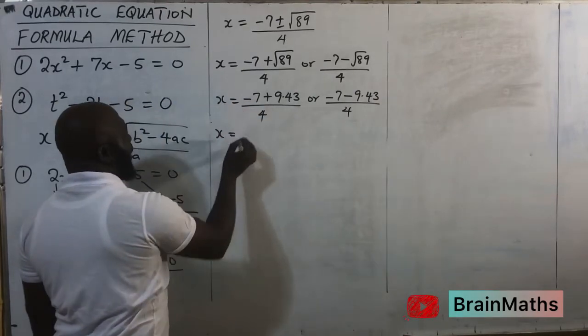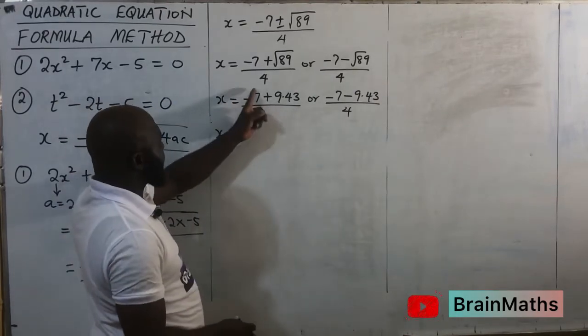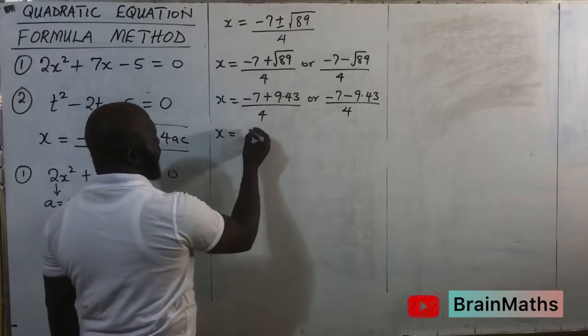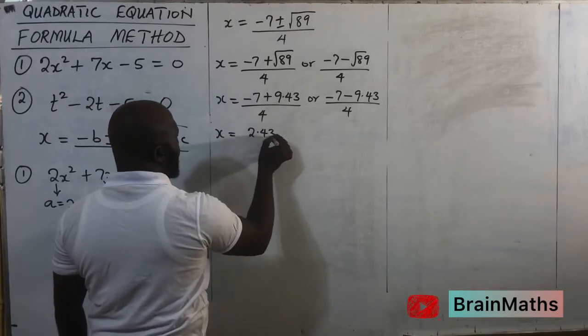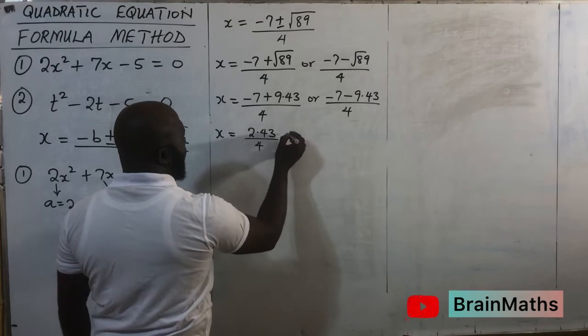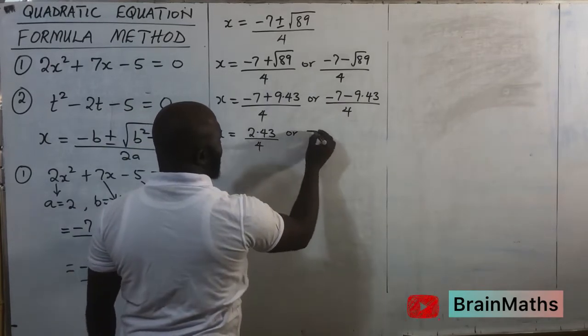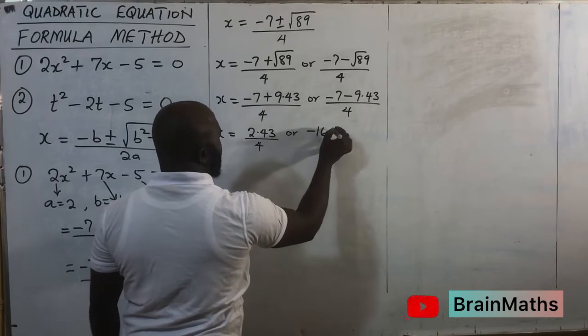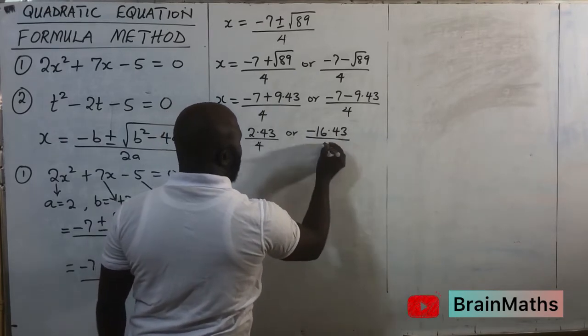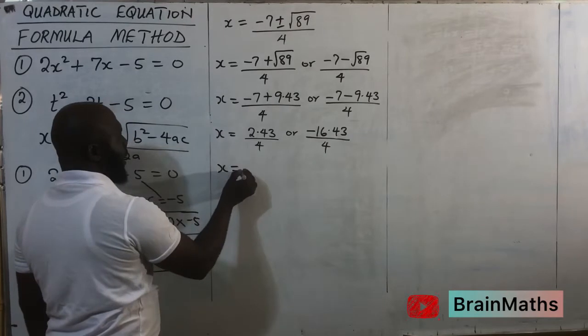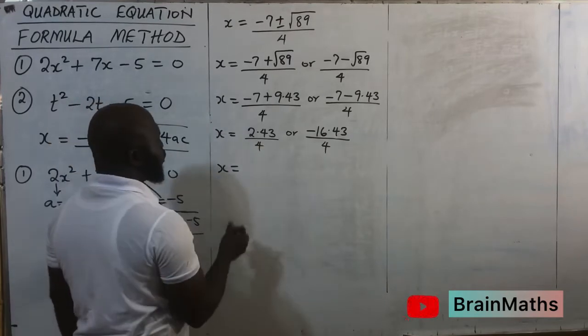Therefore, our x from this side, minus 7 plus 9.43, will give us 2.43 over 4, or minus 7 minus 9.43 will give us minus 16.43 over 4.